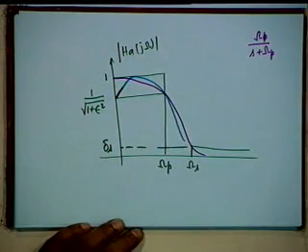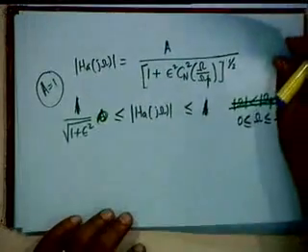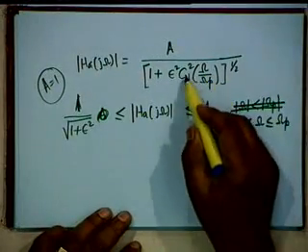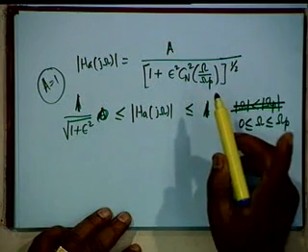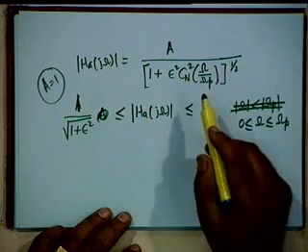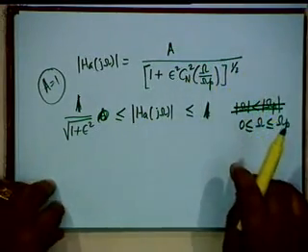You notice that at omega equal to omega p, C_n squared of 1 is always 1.